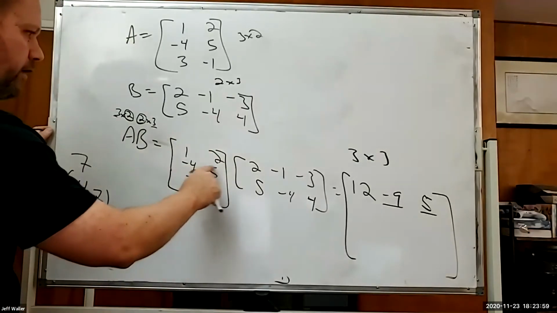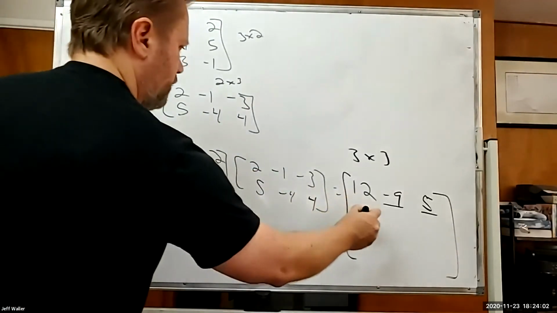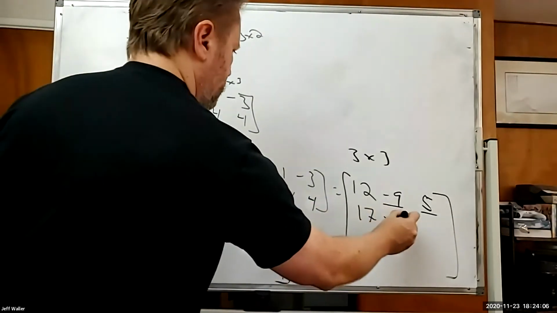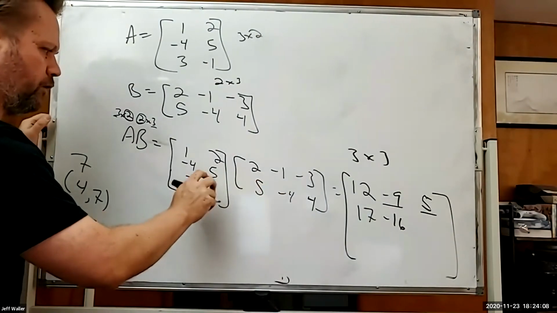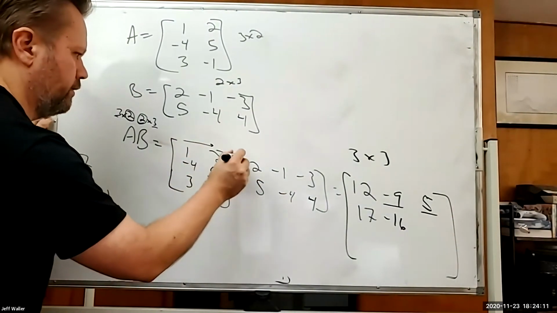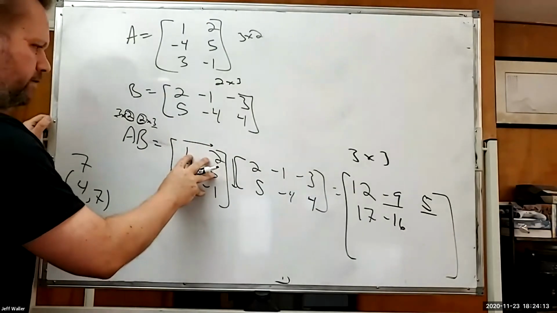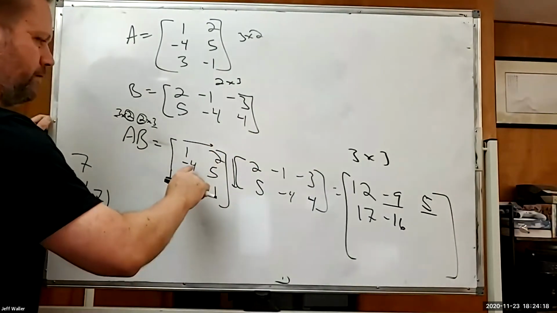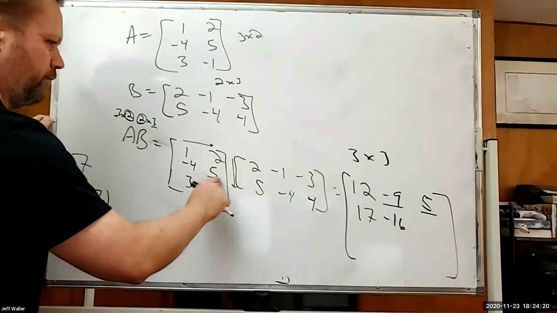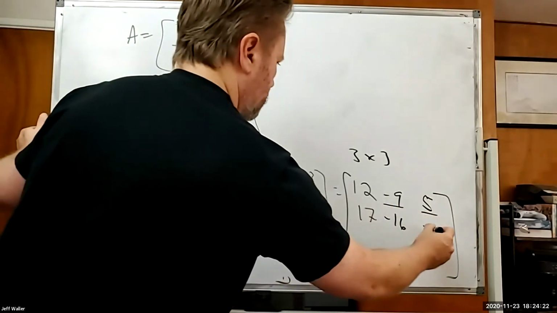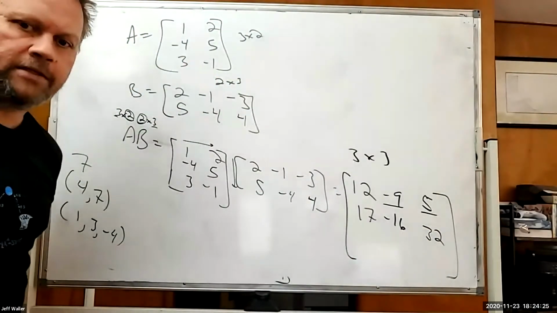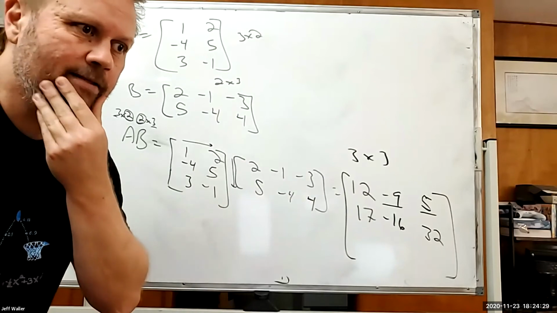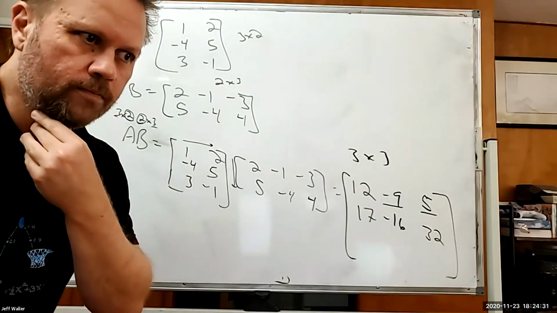So you go -8 plus 25 is 17. 4 minus 20 is -16. Is everybody following? I always go across, down, across, down, across, down, right? So 12 plus 20, 32. Please tell me if you have no idea, if you don't see where something's coming from.